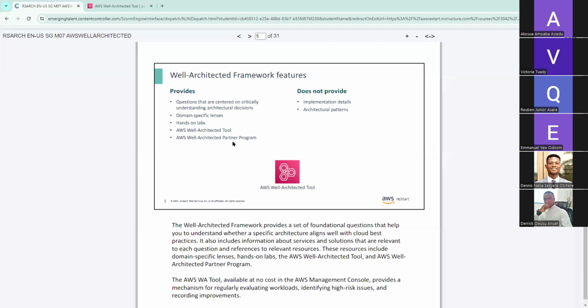So let's say the workload that you run in the cloud is for an e-commerce application. The partner program is like maybe LinkedIn or some kind of social media where you would be able to communicate with people also in the e-commerce business. So it's best to always find people in your field, similar to your field.